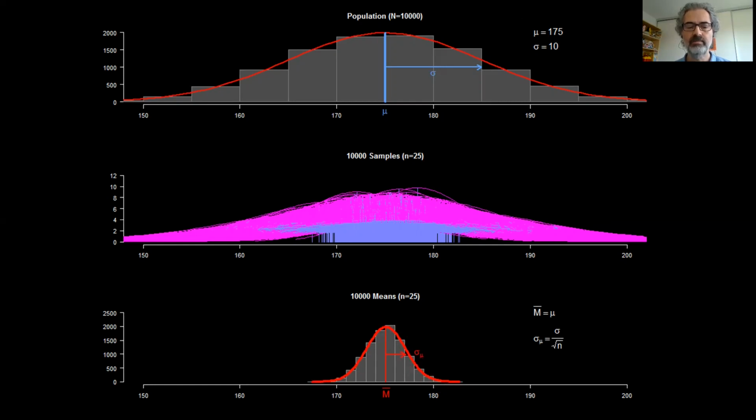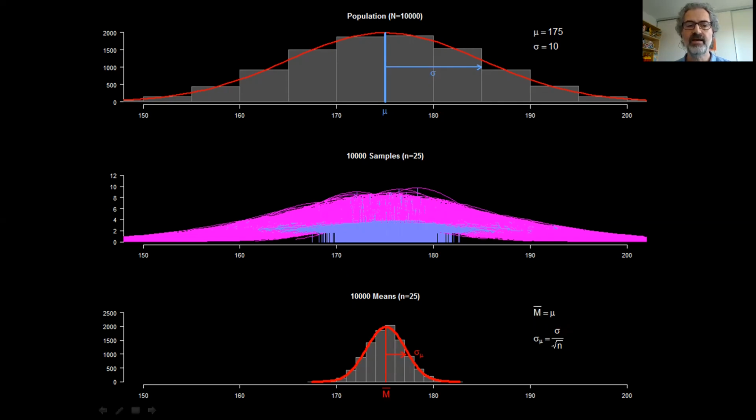And now we know that this is the sampling distribution of the mean, and we also know that the mean of the means, so the mean of this distribution of the means of all the samples, is equal to the mean of the population. So if you have very many samples, the mean of their means will actually tend to the population mean.